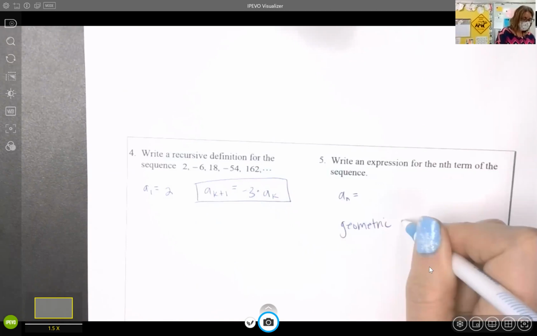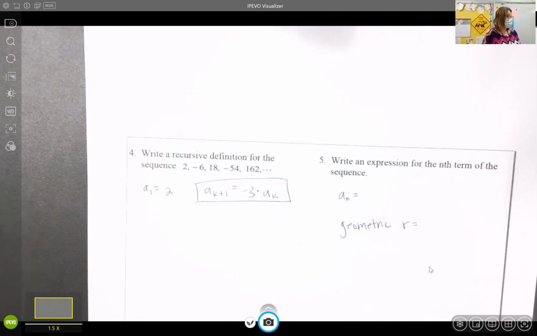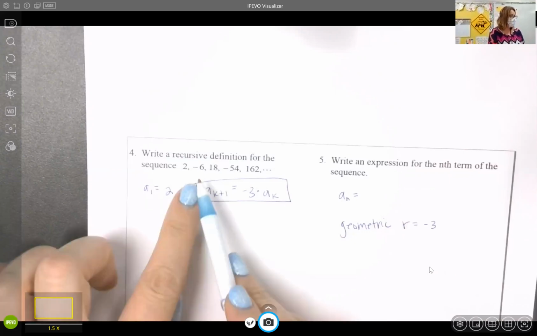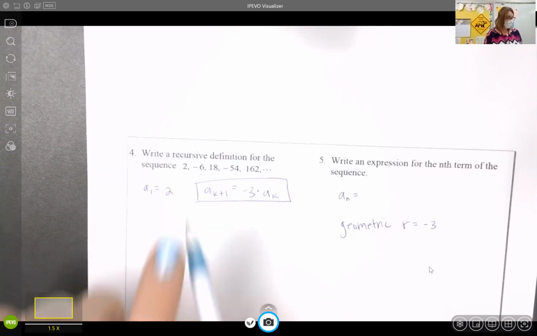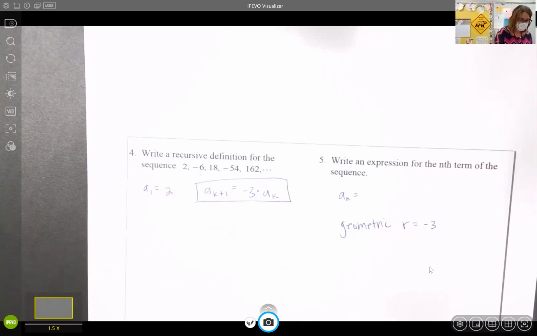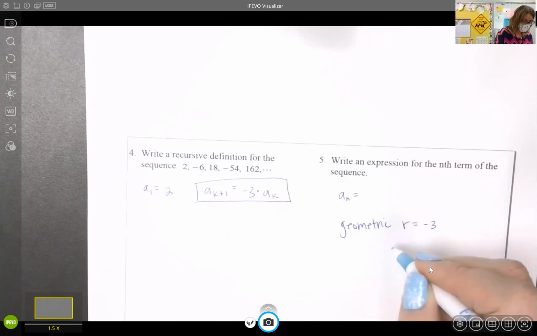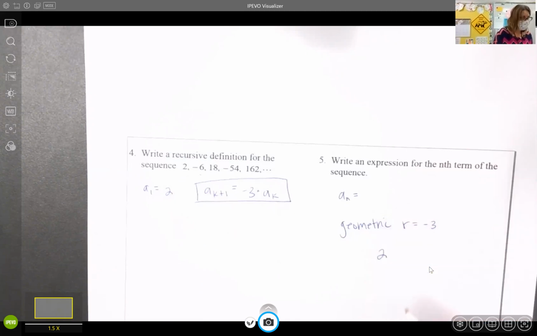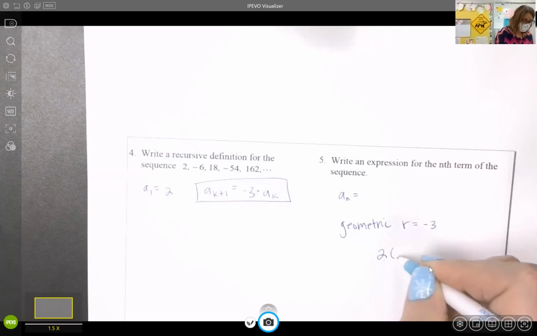And so when we do a geometric sequence, we have r, which is called the common ratio. Okay, so the common ratio is -3. We figured that out. Okay, so if I take -3 and I raise it to a power over and over and over again, I'm going to get the 6, right? And we're going to figure out how many times we're multiplying it. So now, to get the nth term, I know I have to start with a 2, right? I start with a 2, and then I multiply that by -3.